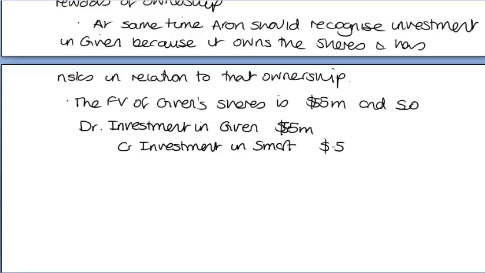The investment in Smart was in the books at a value of 5 million, and we're going to credit OCI. Why? Because we have made an election to recognise gains and losses in OCI. So that's going to be gain on Smart of 0.5 million.